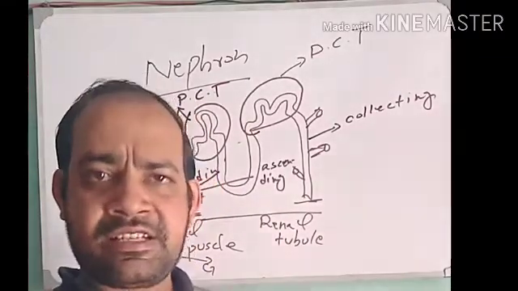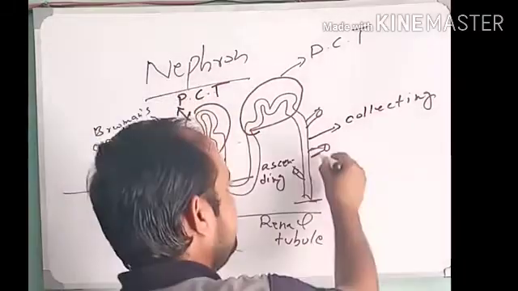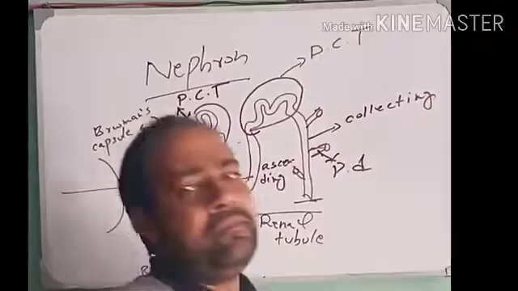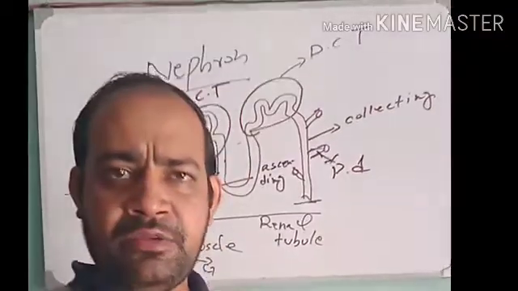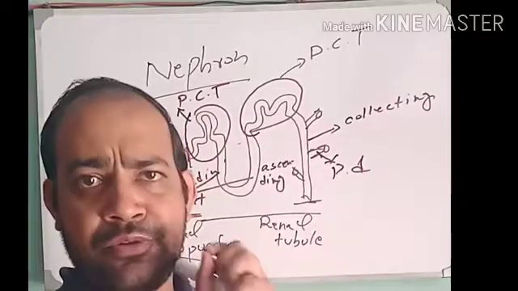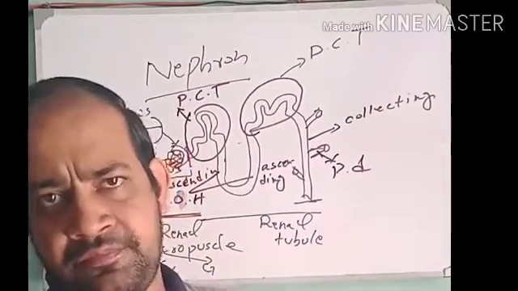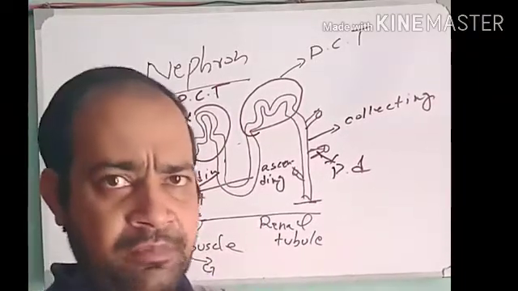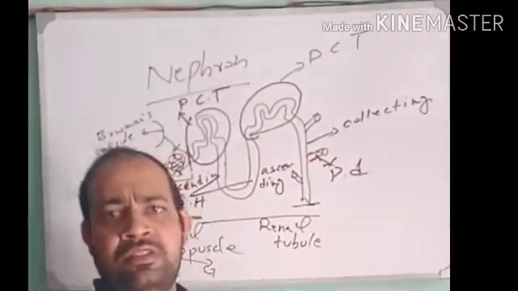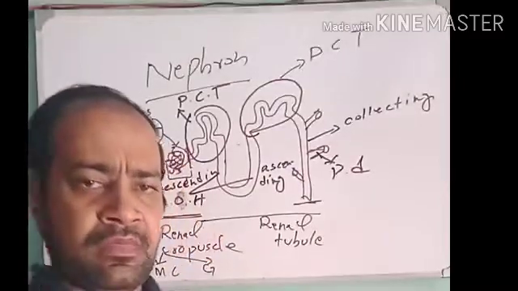This is a papillary duct. Many papillary ducts join together to make the renal pelvis, the last portion of the kidney. And the renal pelvis, remember, is not a part of the nephron. So this was our topic today.